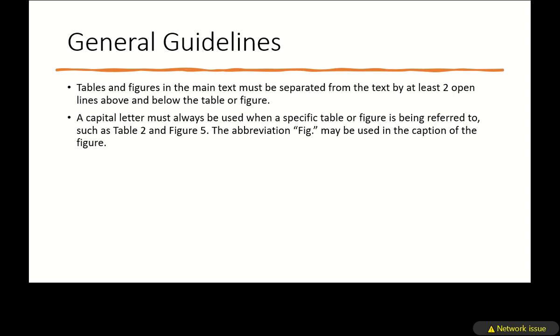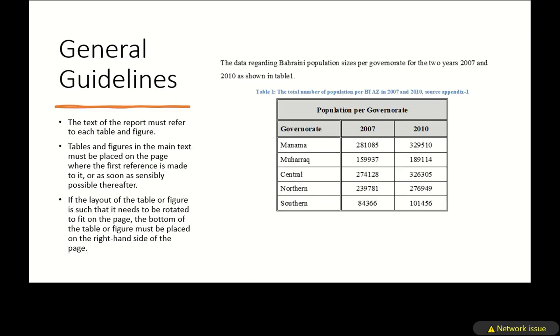The tables and the figures should be separated from the paragraphs, the normal text which you are writing, by at least 2 lines. So you finish your text, then you leave 2 lines and then put the table or the figure. The reason is so the caption is not mixed with the text. See here, there is no gap.